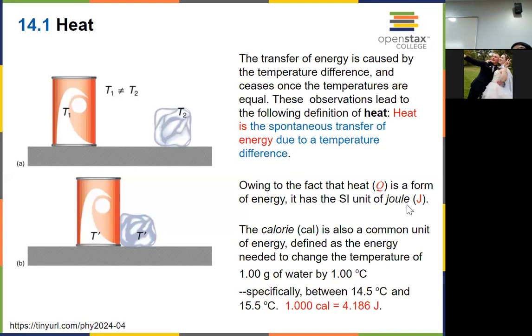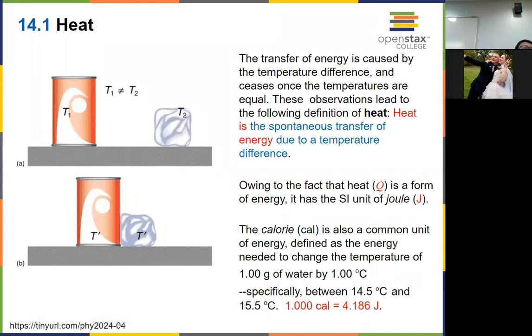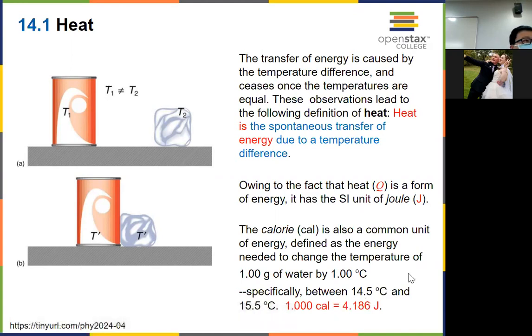Other units you might see are calories, which you hear about a lot in the food you eat. 1 calorie is equal to 4.186 joules. That's the conversion factor. If you see a capital C as Calorie, that actually means kilocalorie. Pay attention to that, but you'll be given conversion factors. If you are solving a problem, you can look it up, or in the exam, you'll be given the conversion factor.